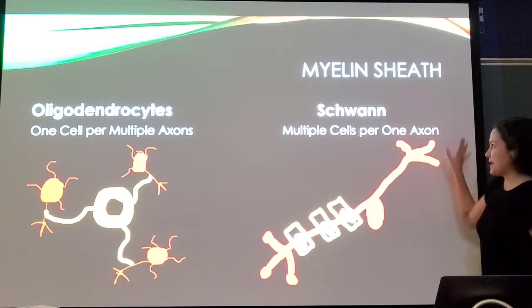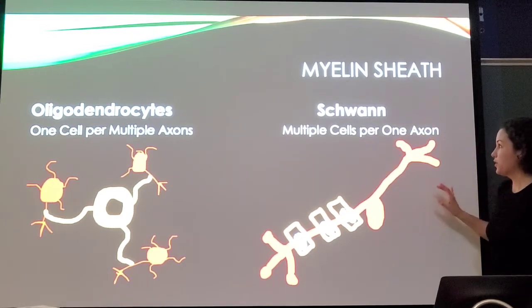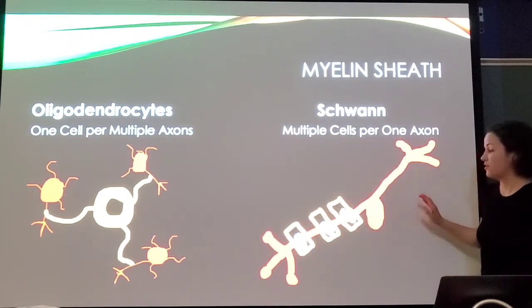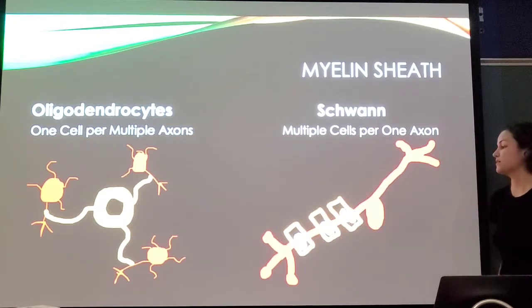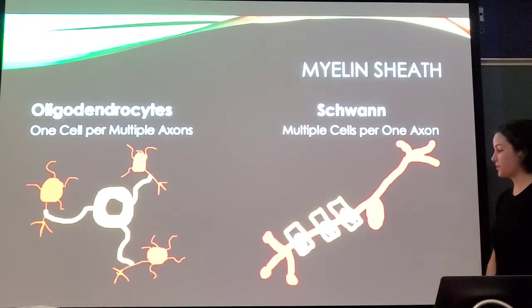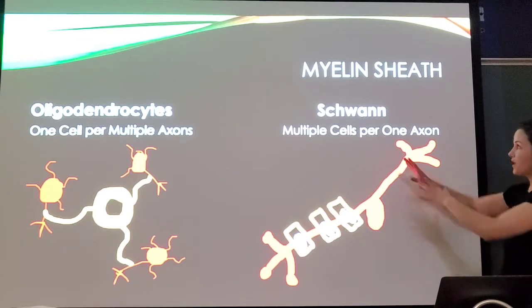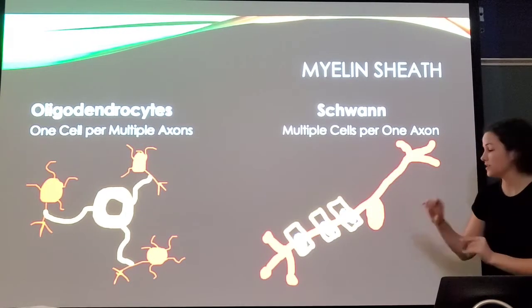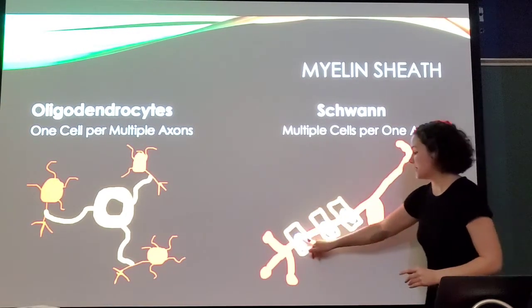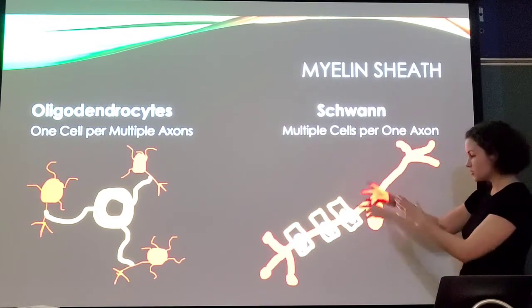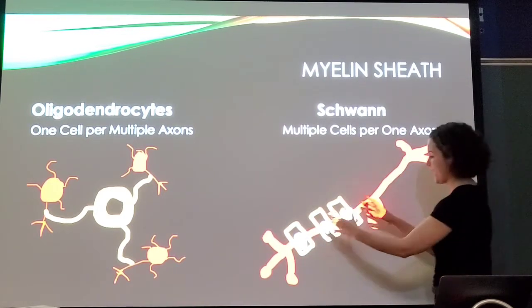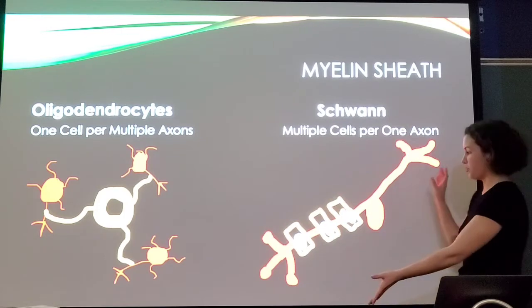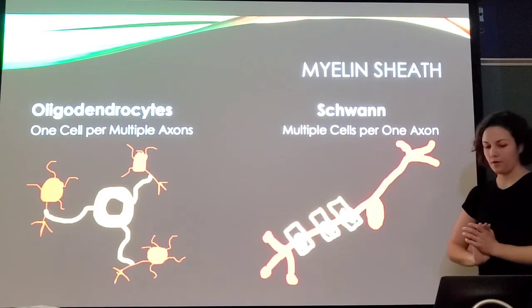In the PNS with the Schwann cells, you have one axon with multiple Schwann cells creating that myelin sheath, okay? Also note, because we're in the PNS, the Schwann cells are insulating the axon terminal, axon end of a pseudo-unipolar neuron, okay?